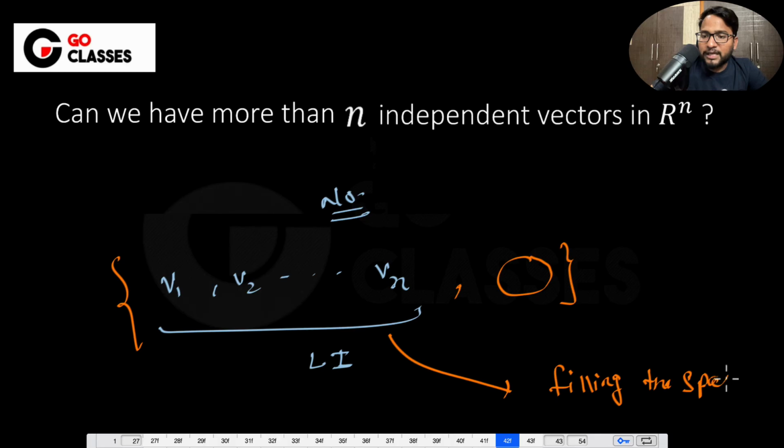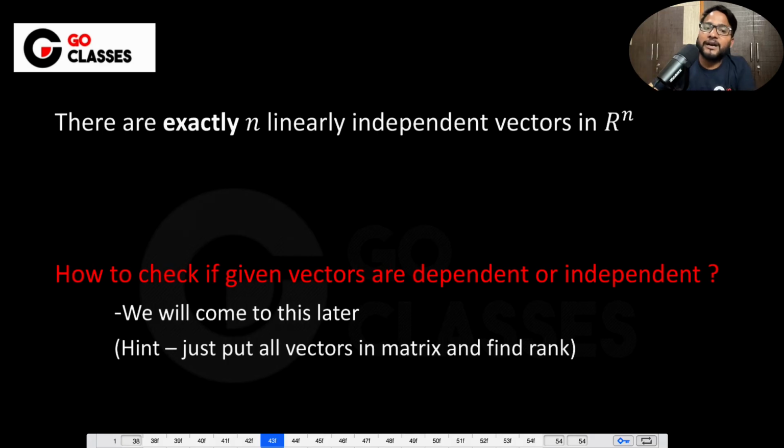And why they are filling the space, we currently don't know. So just take it as my statement that n linearly independent vectors in Rn fill the space. Now let's solve questions, and using the questions you will understand these things more clearly. So there are at most n linearly independent vectors in Rn, which means you cannot have more than n.